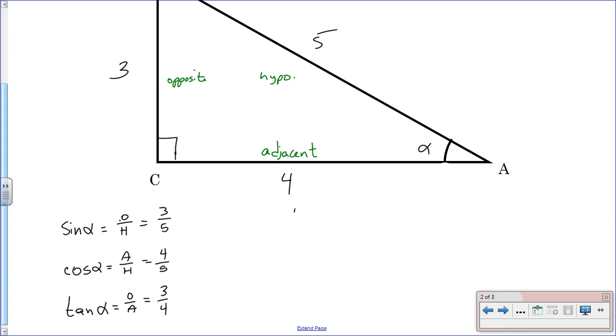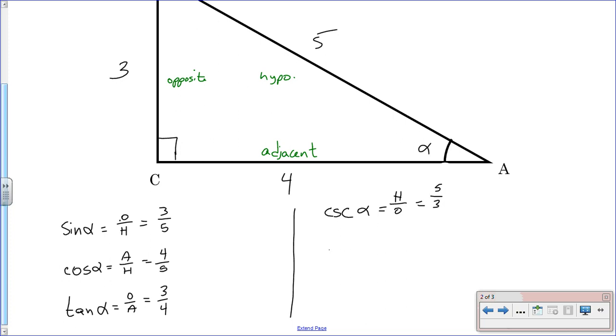Now your reciprocal trig functions, your cosecant. Remember, your cosecant is the inverse of sine, which means it's 1 over opposite over hypotenuse, or hypotenuse over opposite, which is 5/3.